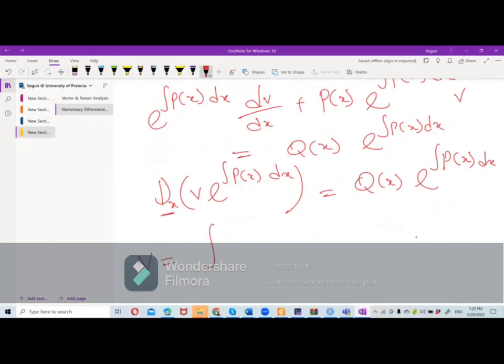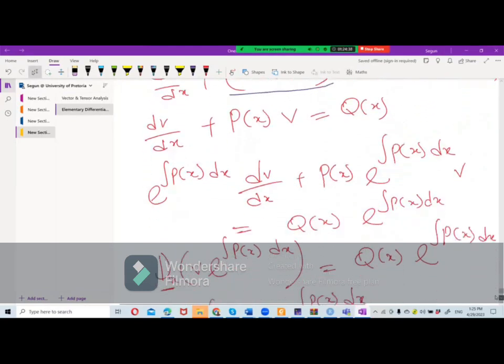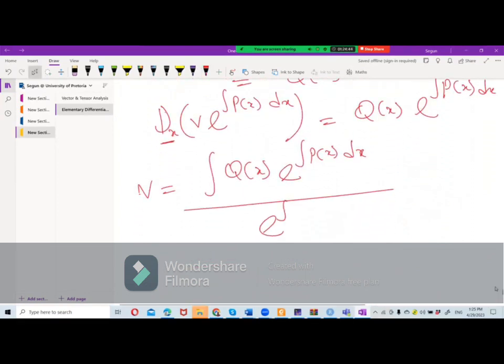That would be the integral of q of x times the exponential integral of p of x dx, please write this down, divided by the integrating factor, the exponential integral of p of x dx. Now, when we solve the example, you will have a better idea of what I'm trying to do and how you yourself will also do it.